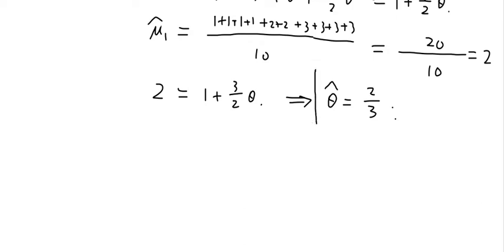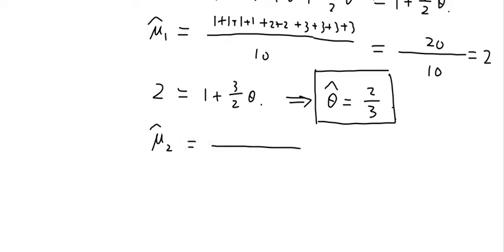Sometimes if we need a second moment or third moment, so here by the way, we say mu2 hat. What is mu2 hat? Mu2 hat is just x1 square plus x2 square plus xn square over n. So mu1 hat is x1 plus x2 plus xn divided by n.